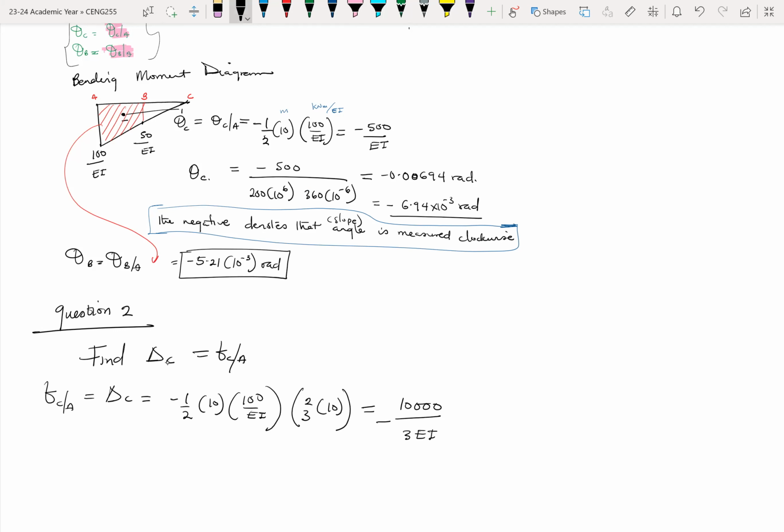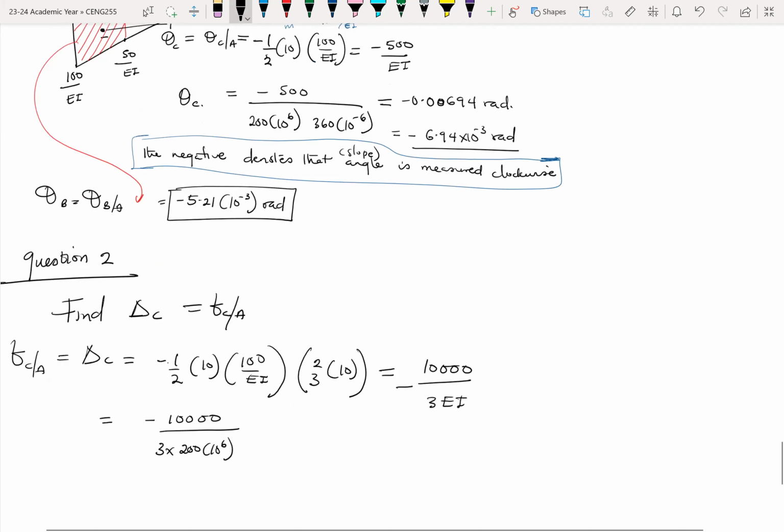We know what E and I are already, so this should be equal to minus 10,000 divided by 3 times 200 times 10 exponent 6, then 360 times 10 exponent minus 6.